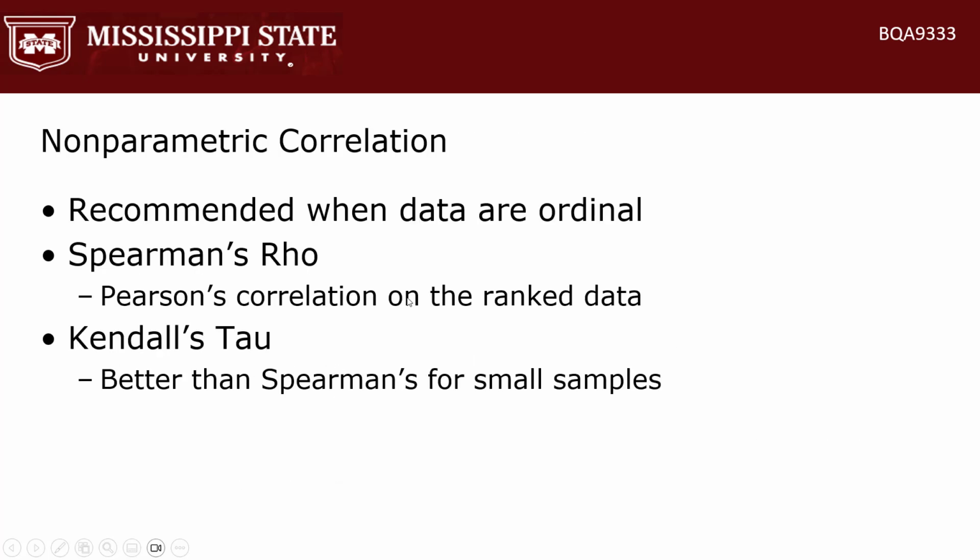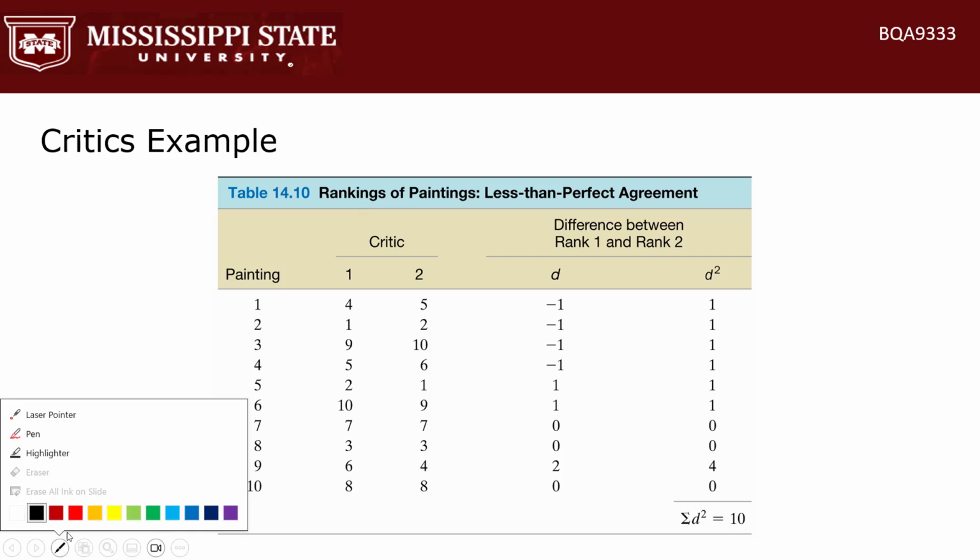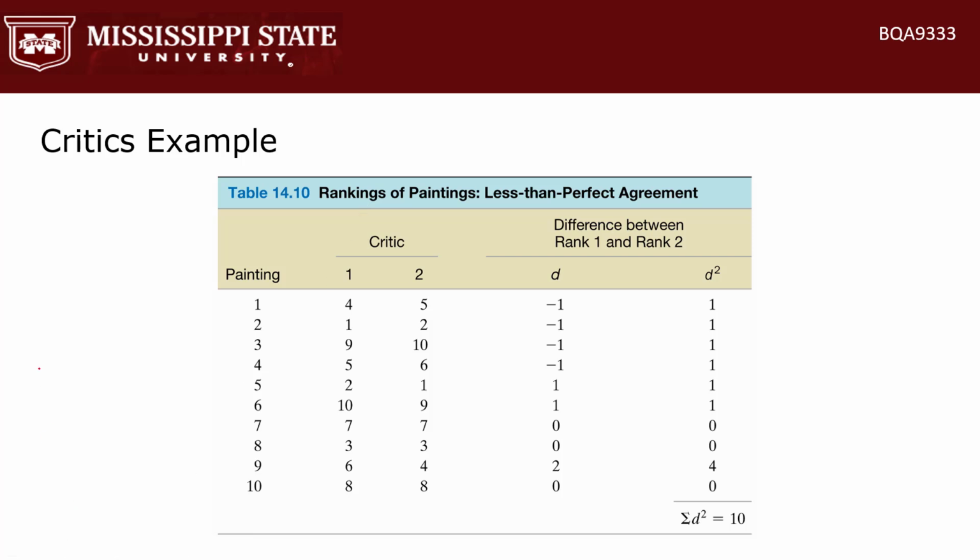Okay, so we can have non-parametric correlations where the data are ordinal. Let's give a little example here. We have Spearman's rho and Kendall's tau. And we've got several paintings here, and we have two critics.